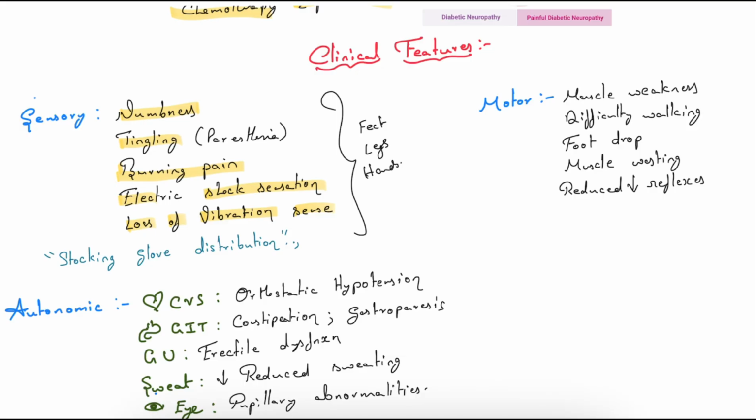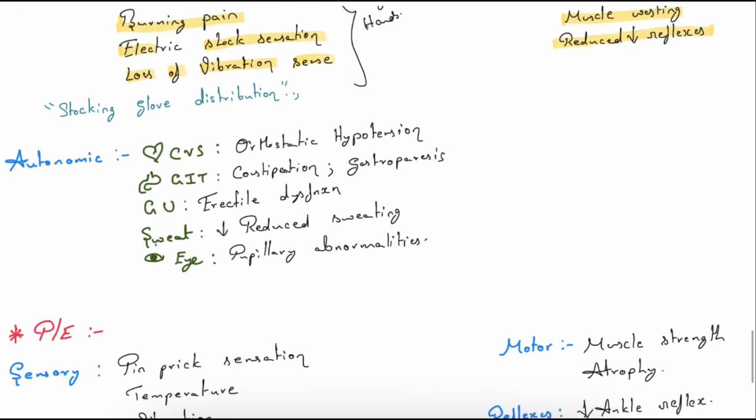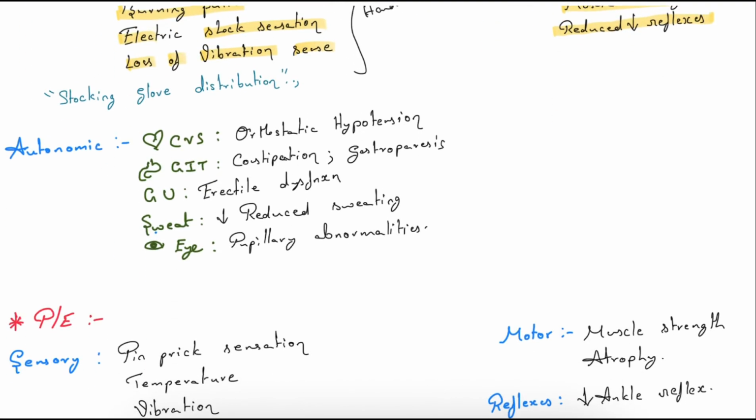Okay. Next one, motor symptoms. In motor symptoms, we can see muscle weakness, difficulty in walking, foot drop, muscle wasting, and reduced reflexes. So these are motor features. Next, we can see autonomic features. In autonomic features, we can divide based on systems. In autonomic nerve involvement, first one, cardiovascular system.